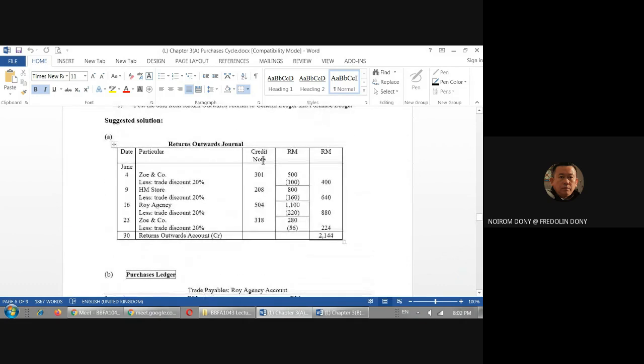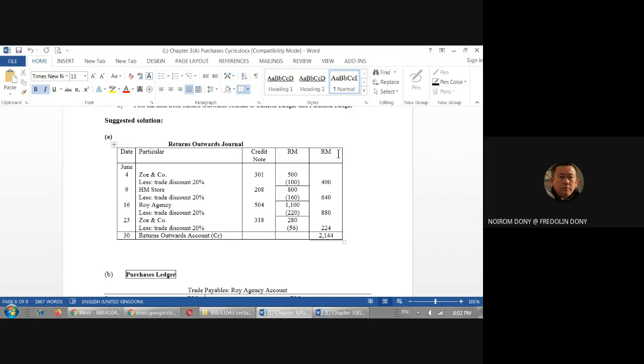We need the information on the dates, the particulars, the invoice number if it's purchases, and then the adjustment column to do the calculation to take into account the trade discount, then the final column to record the net amount.